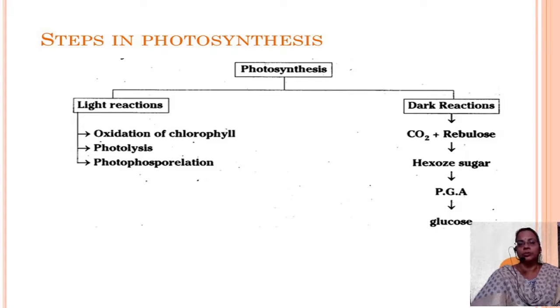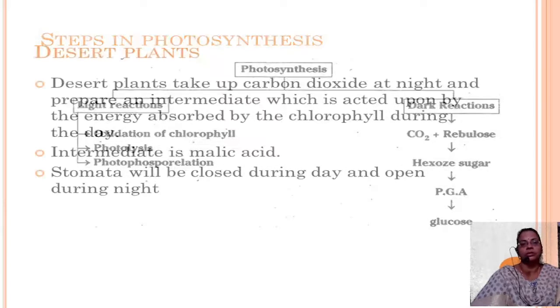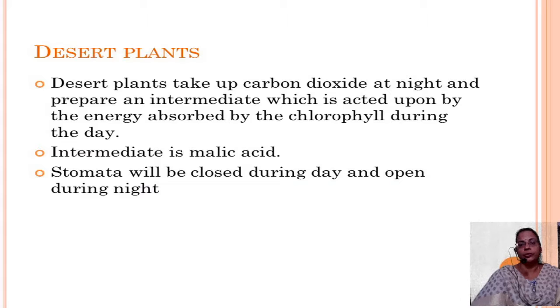Many glucose molecules combine together to form the starch. So the first 3 steps are light dependent reactions, and the last one, photoreduction, does not essentially need light, hence it is called the dark reaction. So the entire process we will call photosynthesis. Now we will move on, but in all the plants it is not the case.